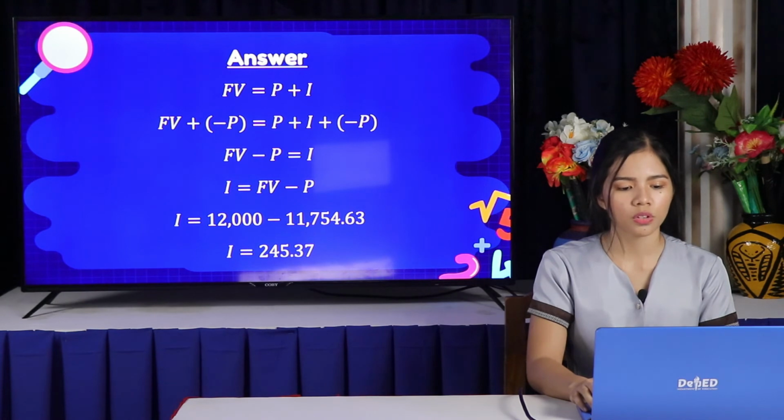I is equal to 12,000 minus 11,754.63. I is equal to 245.37. Thus, Neil earned 245.37 pesos for lending his money.